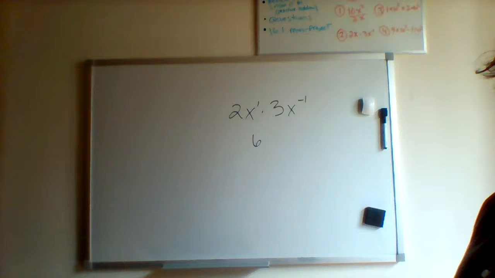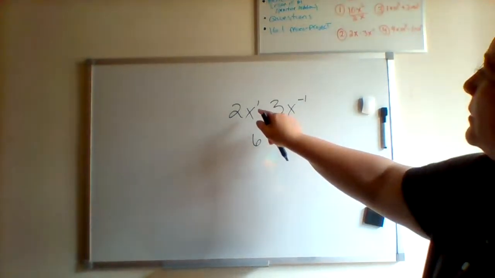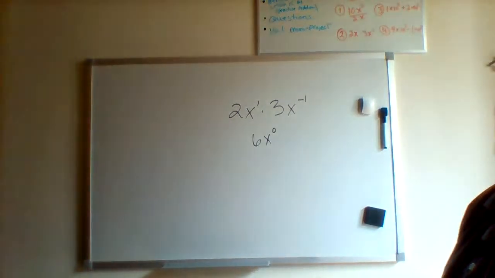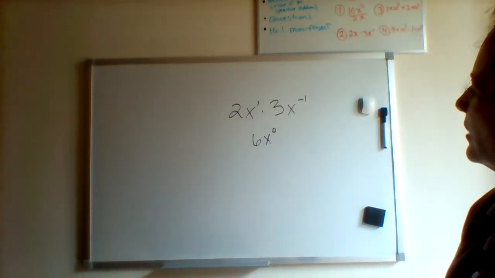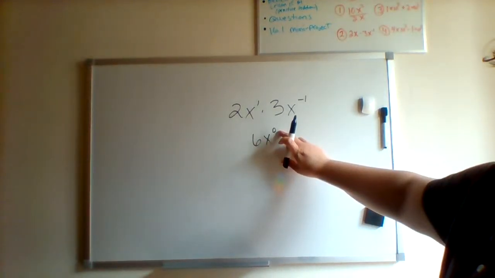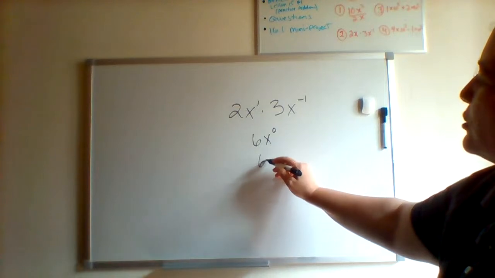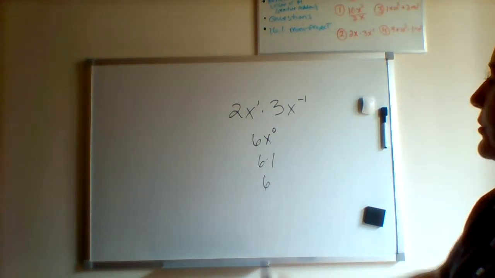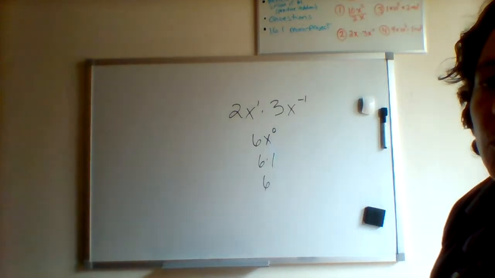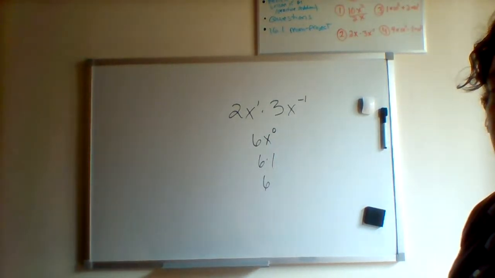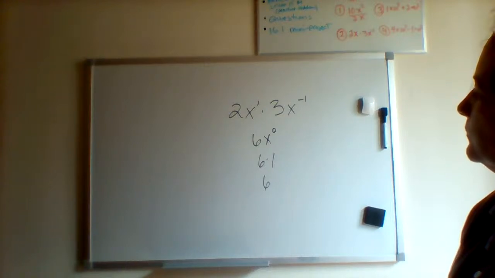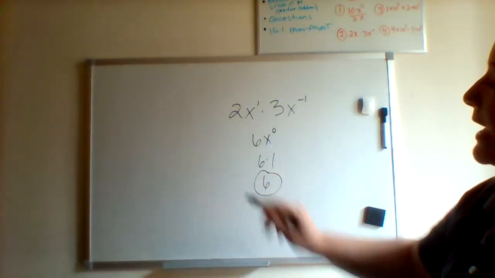Hopefully you guys remember we add. So what's 1 plus a negative 1? That's a 0. Anything to the 0 power, though, is 1. So I'm actually looking at 6 times 1 here. So surprise, surprise, no more variable. All we have is 6. Good job. And that's number 2.